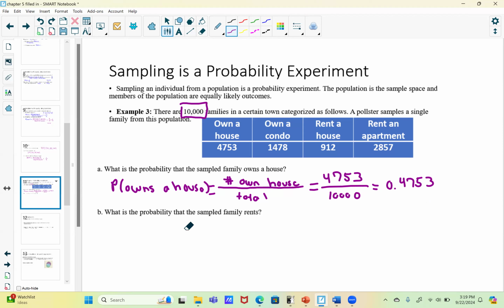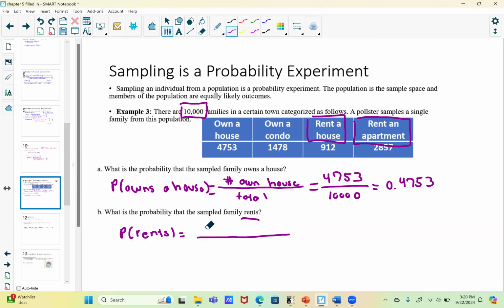B says, what is the probability that the sampled family rents? When we talk about renting, there are actually two options: rent a house or rent an apartment. If I want the probability that they rent, I need to take both events into consideration.